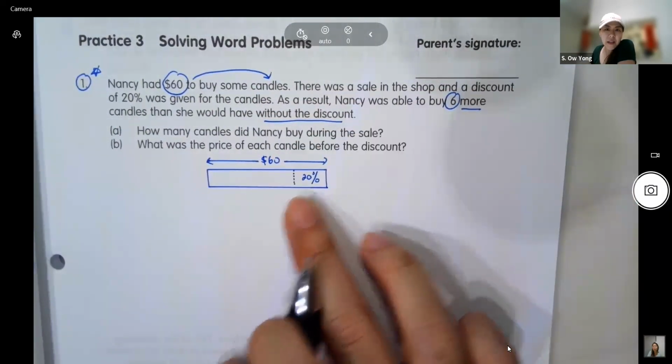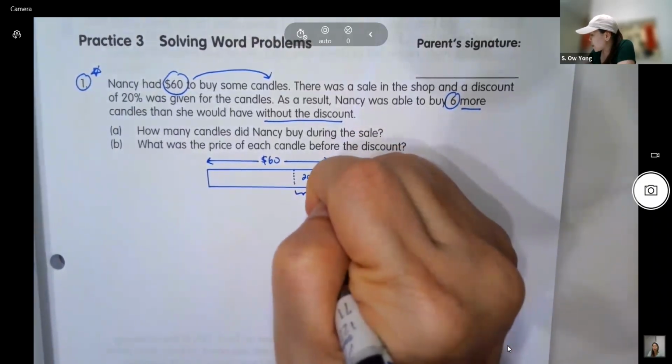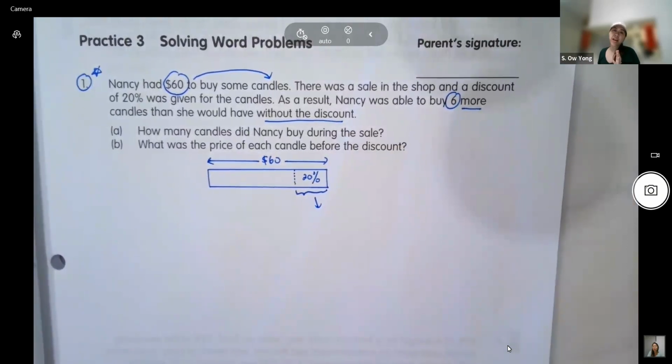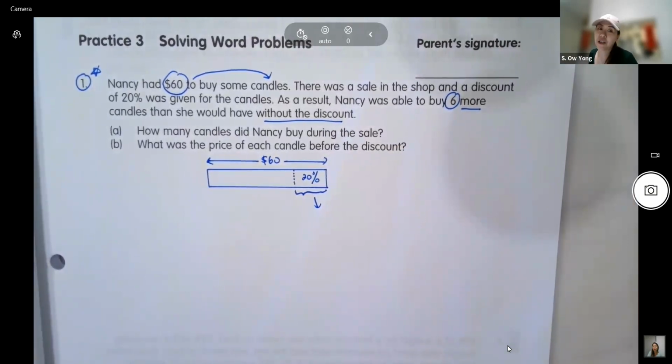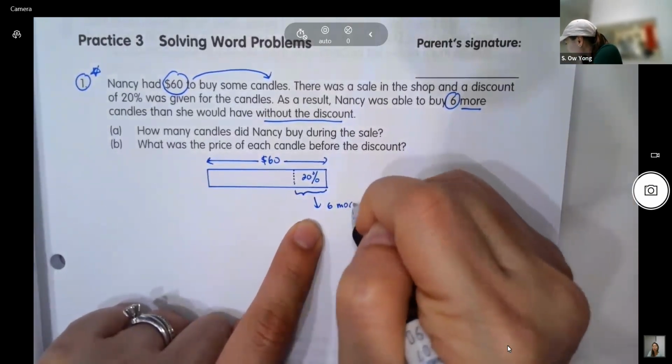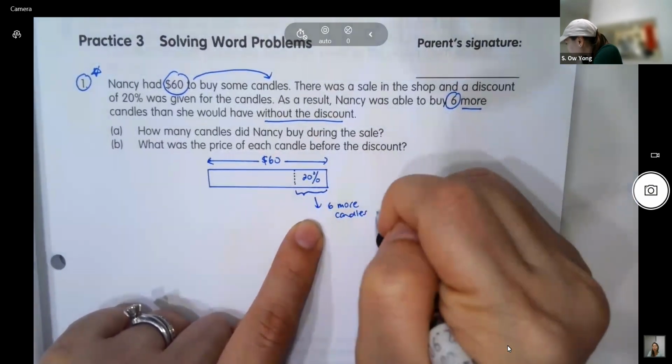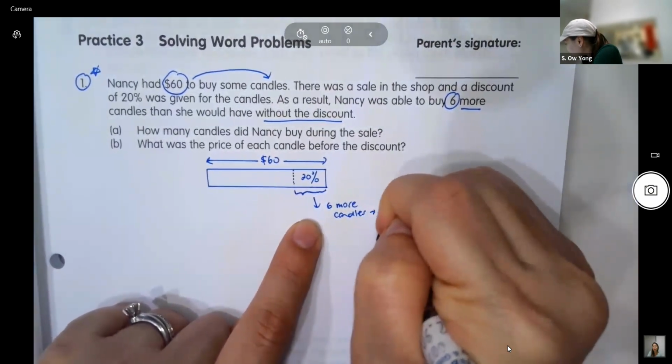And realize that as a result of this 20% discount, she doesn't need to pay 20% of it. But as a result, she is able to buy 6 more candles. And these are the candles with discount, definitely.